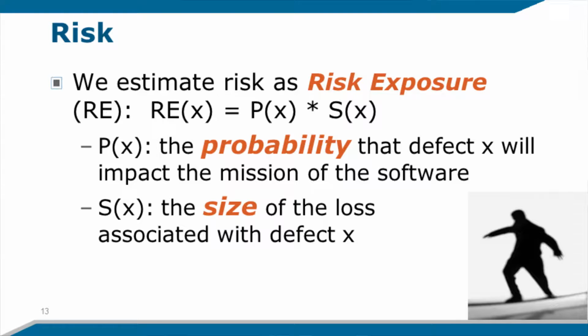So a major data breach may be relatively rare, but it has an enormous consequence. There's an enormous size to that loss. An individual user having their password hacked, just an ordinary user, not a super user, might have a relatively small consequence for the system, but its probability is going to be significantly higher.